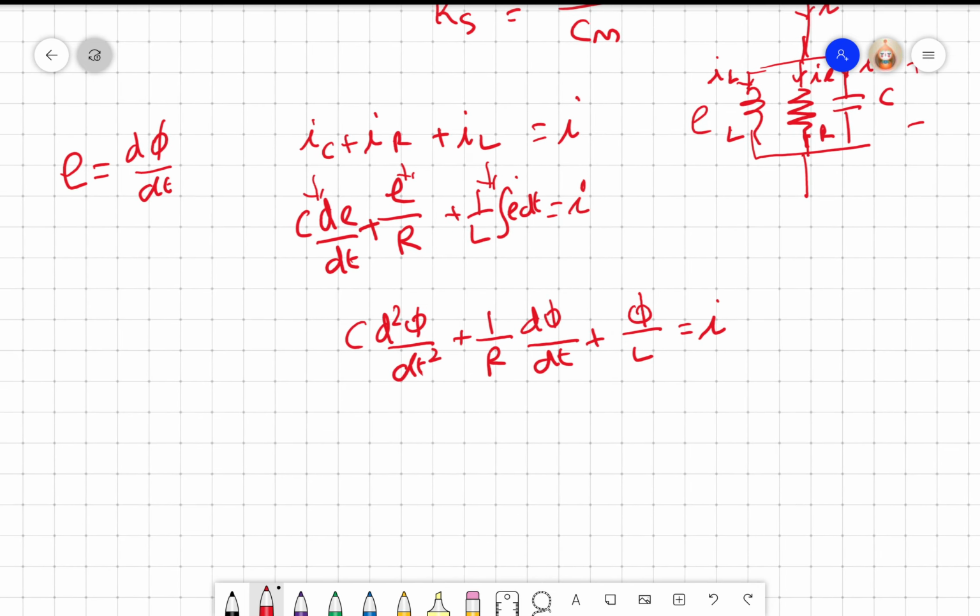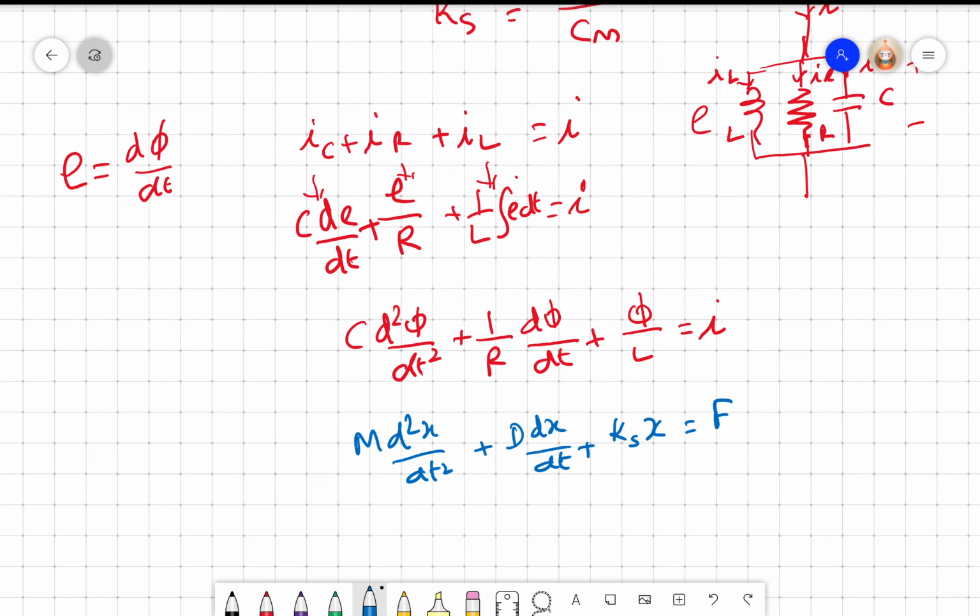Now I will rewrite the mechanical equation. M d square x by dt square plus D dx by dt plus Ks into x equal to force. Now if I look at these two equations, they are also similar, right? It's a second order differential equation, right?